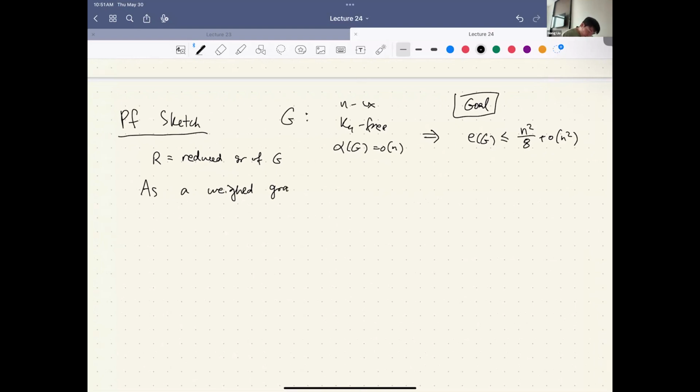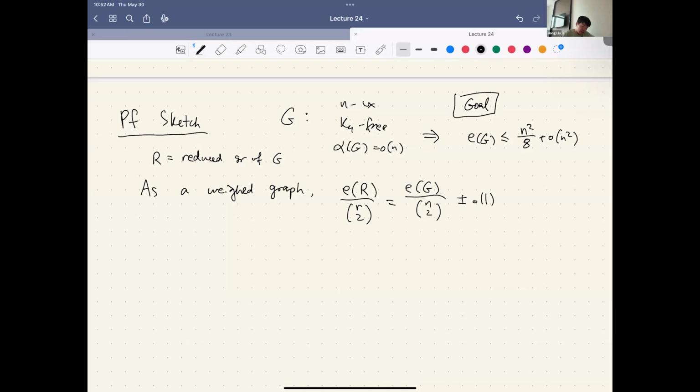As a weighted graph, the number of edges of the reduced graph is more or less the same as the number of edges of G, normalized properly.